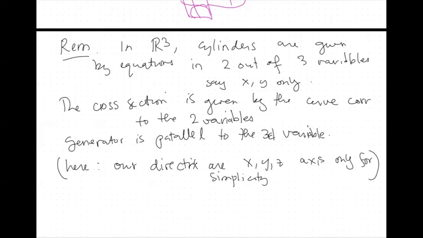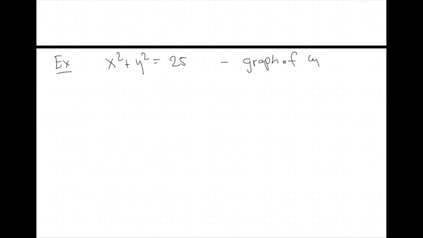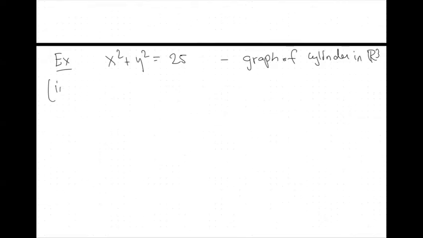But of course, it can be any. All right. Here is our example. x squared plus y squared is equal to 25. So what's the graph? This is the graph of a cylinder in R3. Of course, in R2, it's a circle.